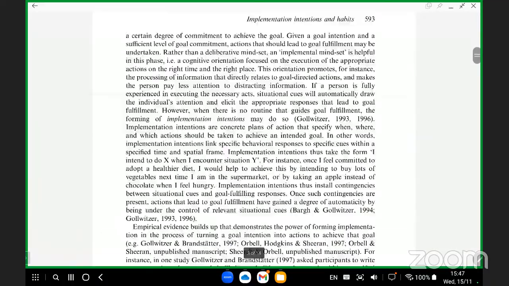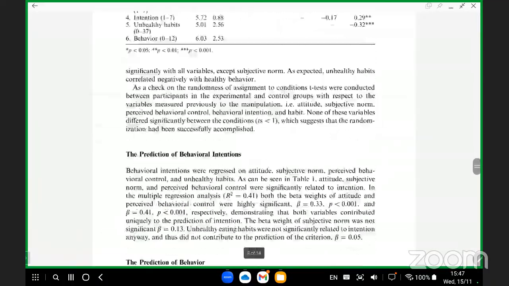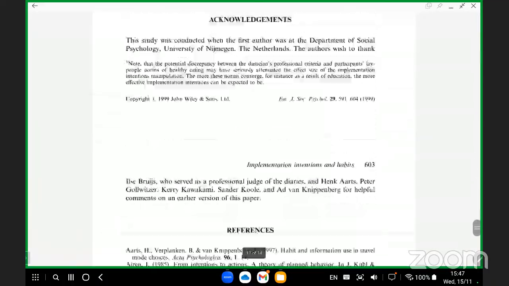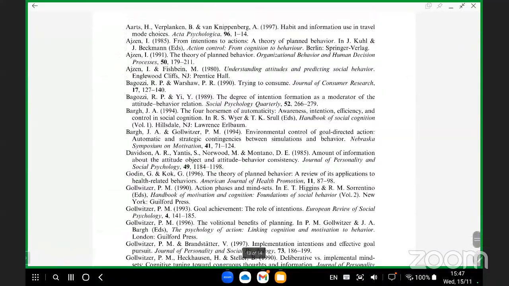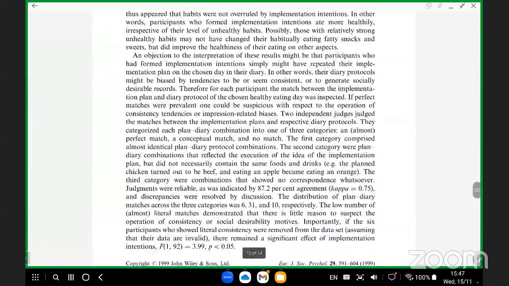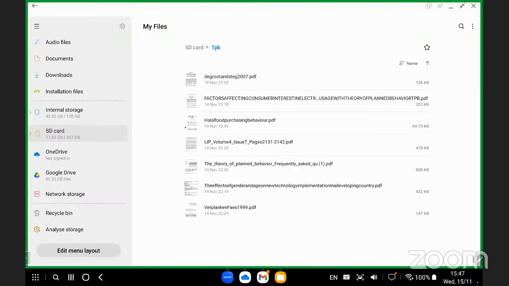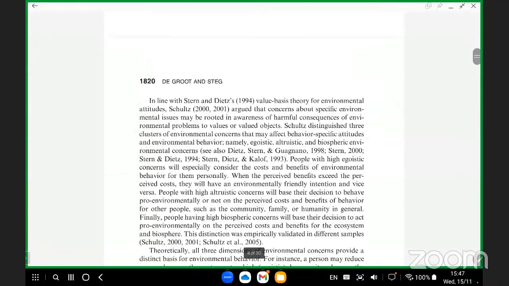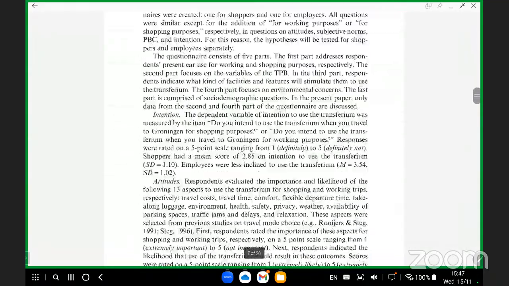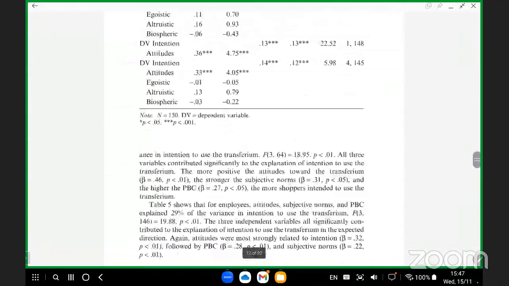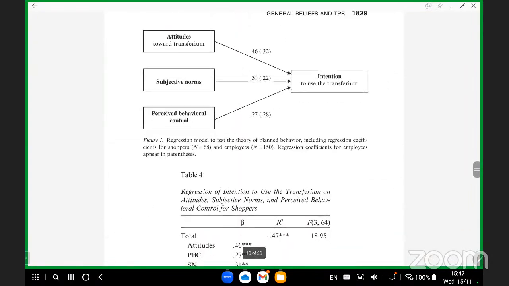Good intention. This is also using TPB. Okay. Bila nak tu, waktu tu lah. Susah dicari. Sekejap ya, sebentar. Okay, same one, see?